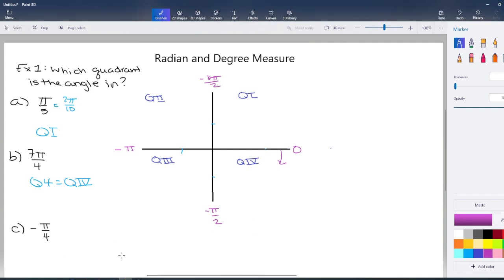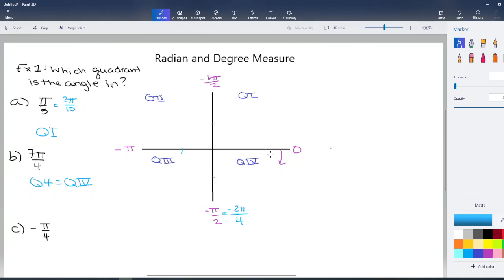Okay, and then we're going to compare to negative pi over 4. So again, we want to change to have the same denominator so that we can actually compare them, right? So this is going to be negative 2 pi over 4. Okay, and we can already see that our angle is between 0 and negative 2 pi over 4.